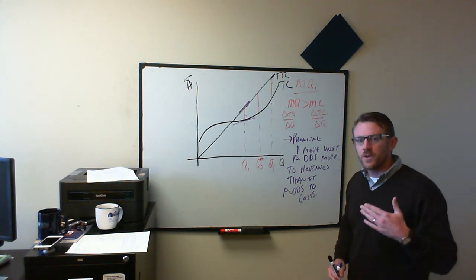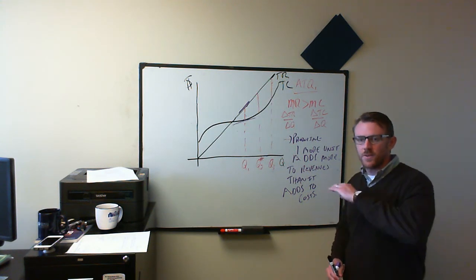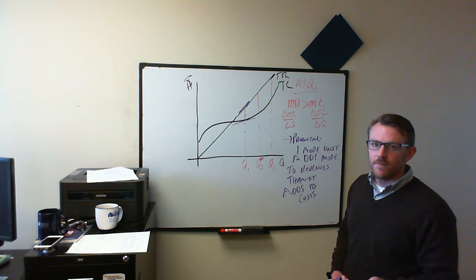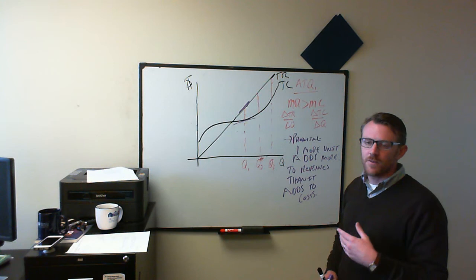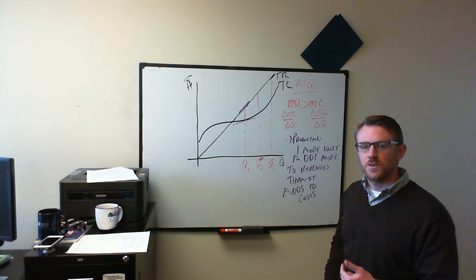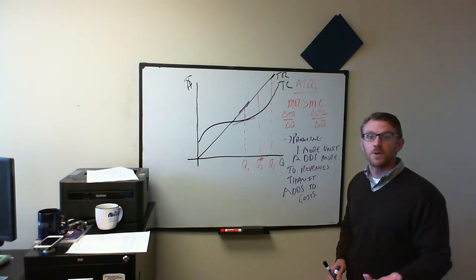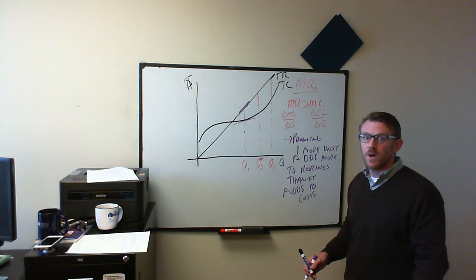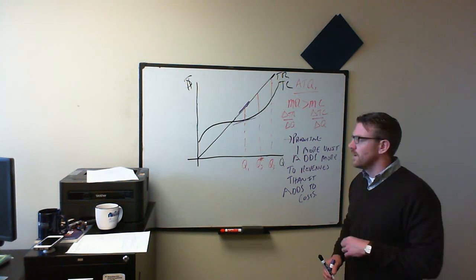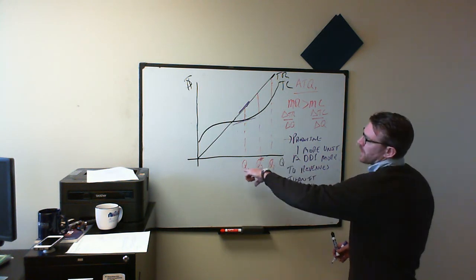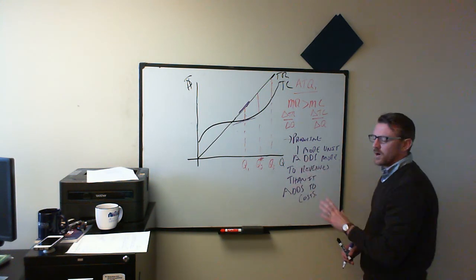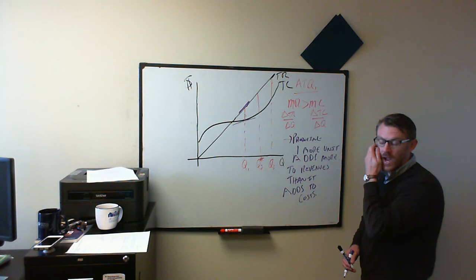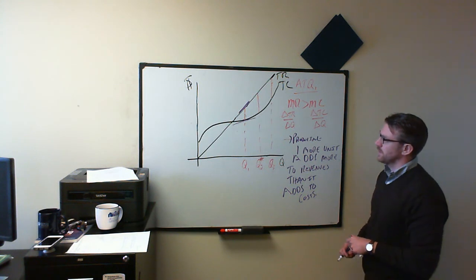Would you produce another unit if it added more to revenues than it did to costs? For example, at your lemonade stand, you can sell an additional lemonade for $1 and it costs you 50 cents to make it. Would you produce that? Yeah, that's going to increase your profits. Produce and sell that good. Down on this portion of the graph, at those lower quantities, we're adding more to revenue than we are to costs, and so we're absolutely going to keep producing.